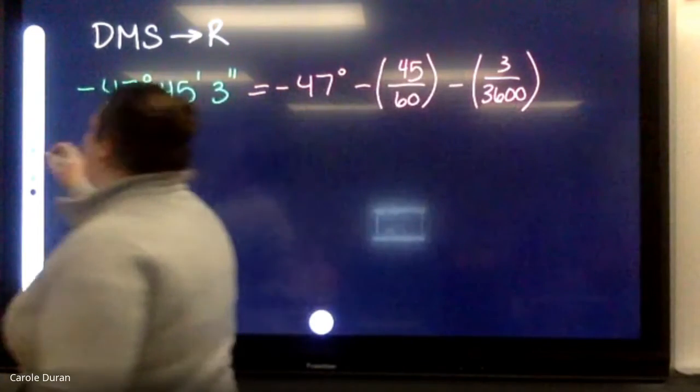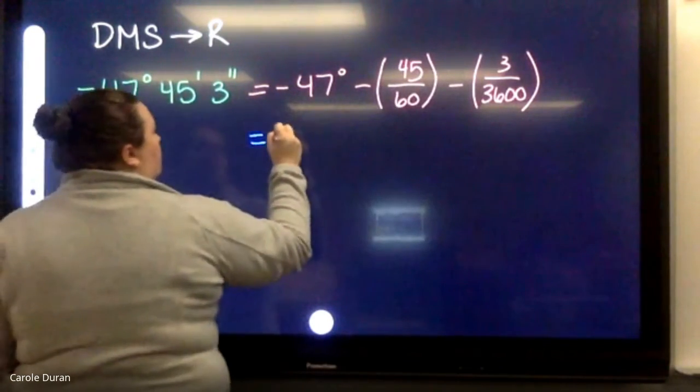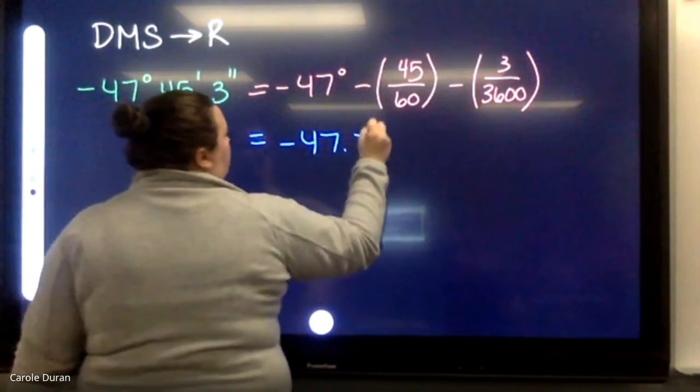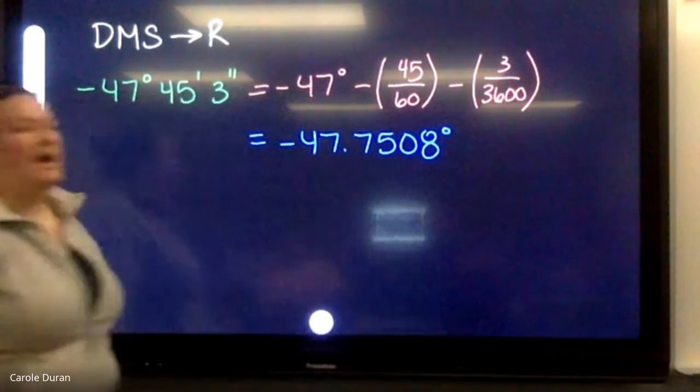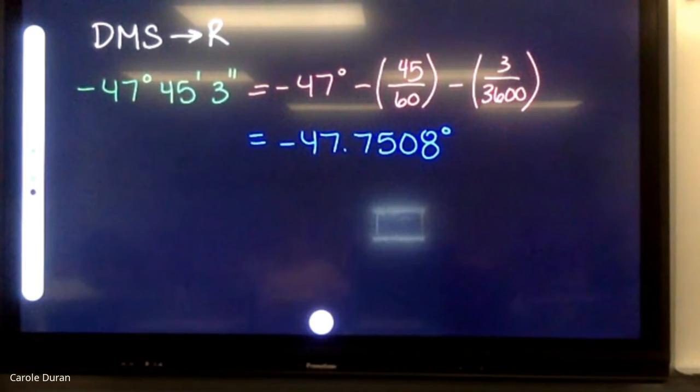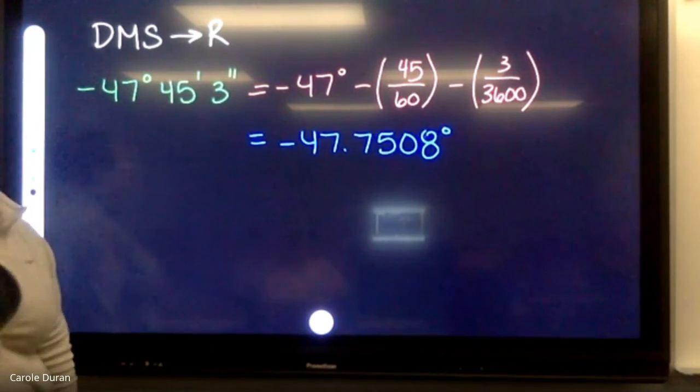Negative 47.7508. Show of hands, who else got that? Or close to that? Are some of you still doing it? Are some of you not doing it and just relying on your classmates to do the calculations for you? Let's make sure we're all practicing this, because it's really easy to mess up when you're putting parentheses in, okay?